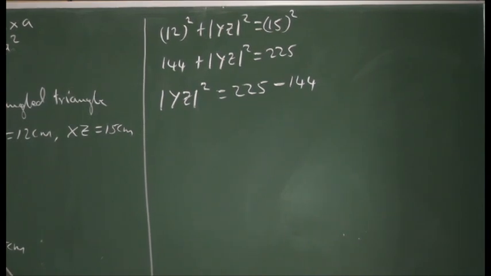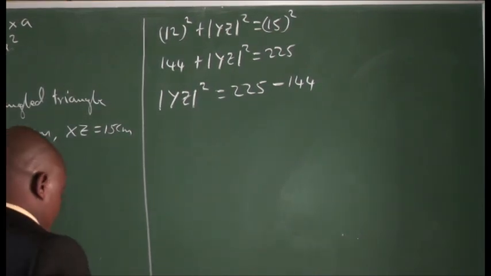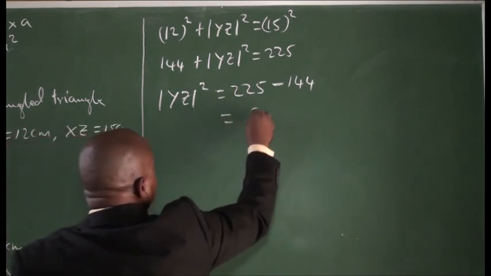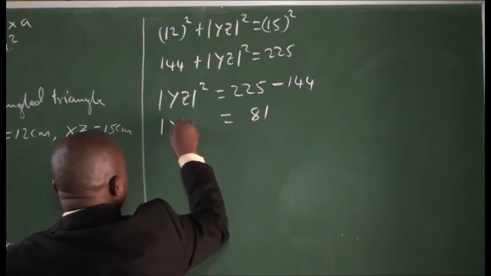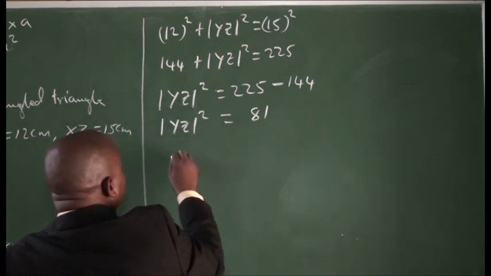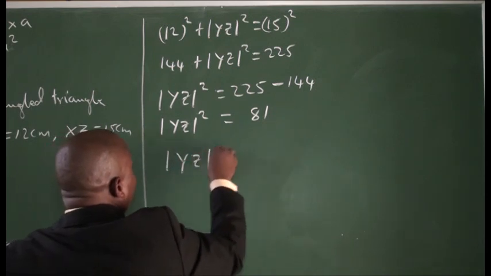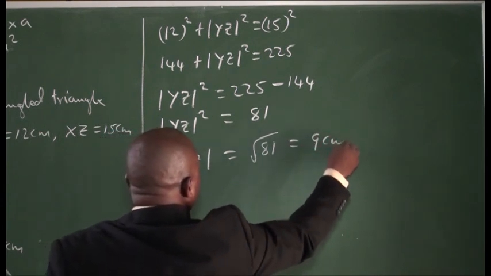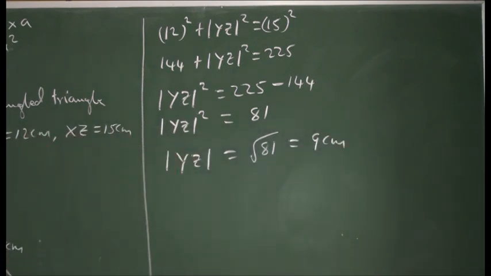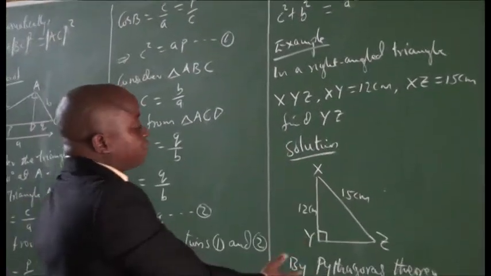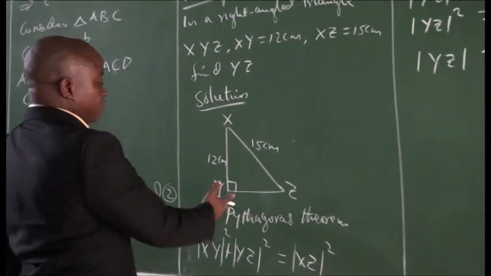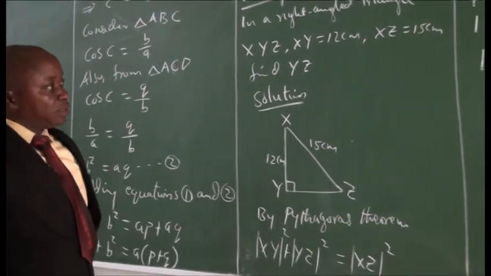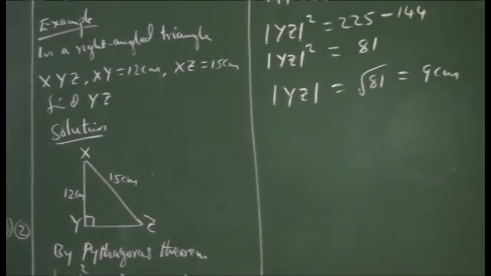That gives 81. So YZ square equals 81, meaning that YZ will be the square root of 81, which is 9 cm. So you see that by Pythagoras theorem we are able to find the unknown side, that is YZ.